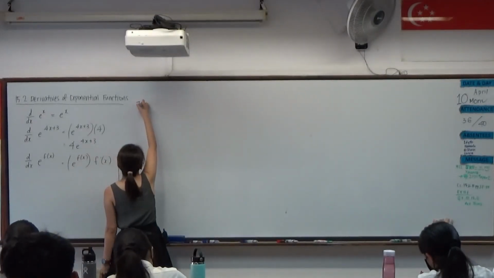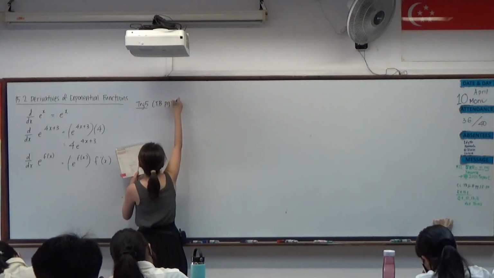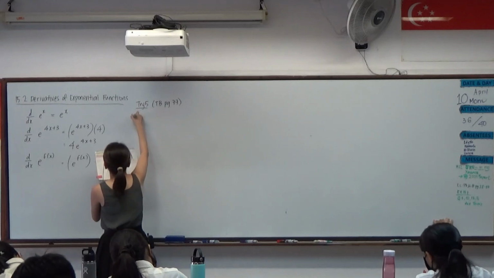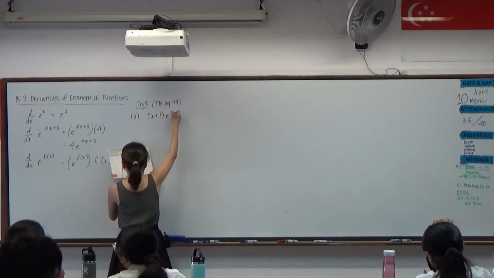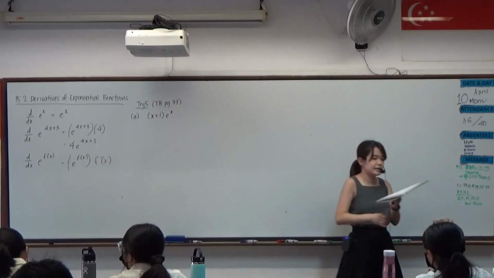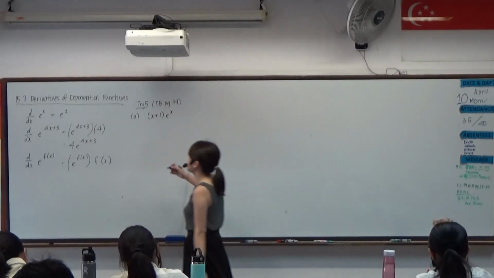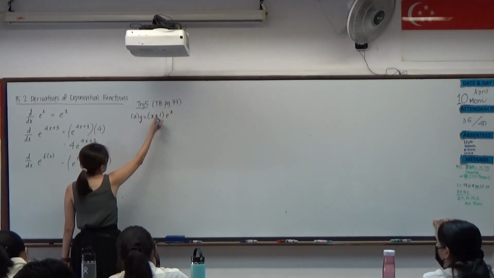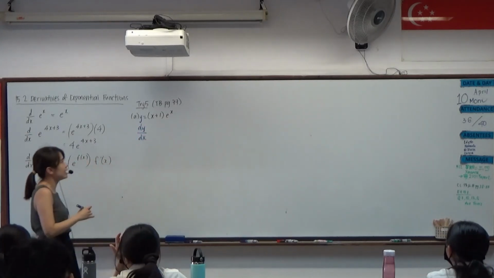So looking at some examples, let's say I want to differentiate (x plus 1) times e to the power of x. In this case, I'll let y be equal to this, so that I can use my notation dy over dx.